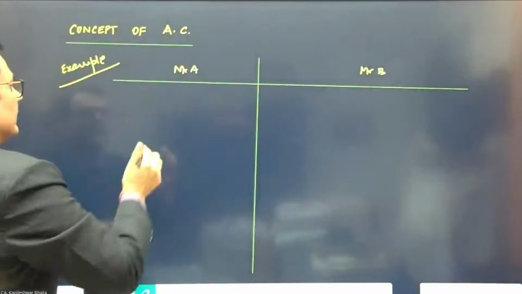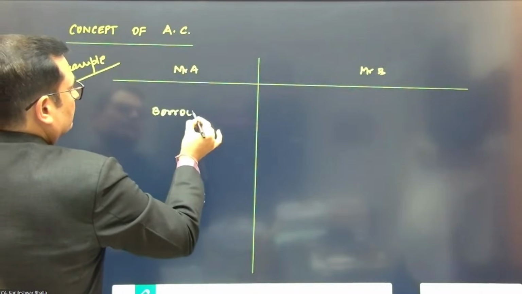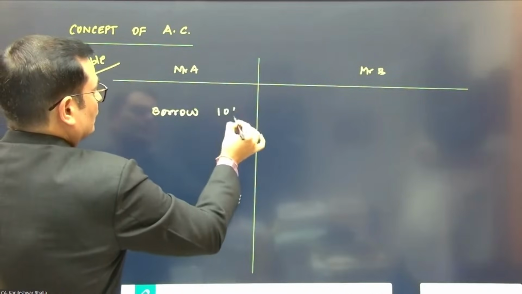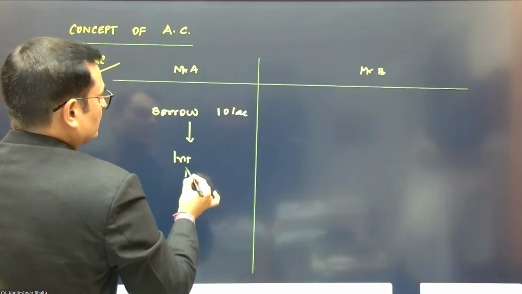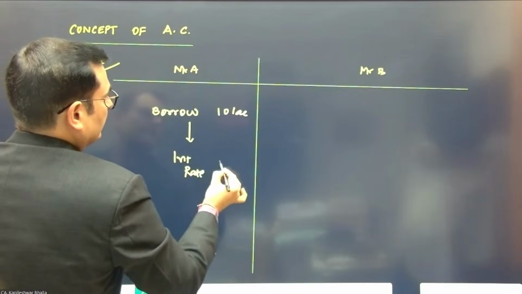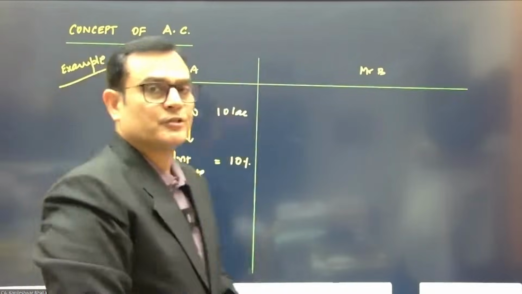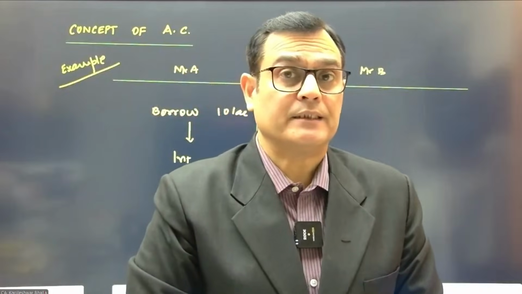Now, Mr. A says that he wants to borrow 10 lakhs. So Mr. A has to borrow a sum total of 10 lakh rupees. He goes to the market and identifies that the interest rate on this particular loan is, let's say, 10%. He inquires in the market what is the rate at which he can take a loan.